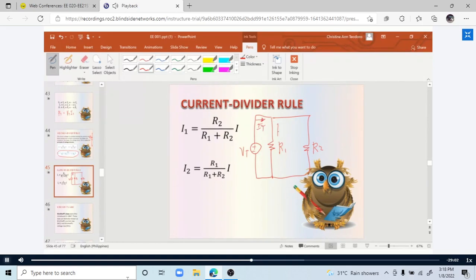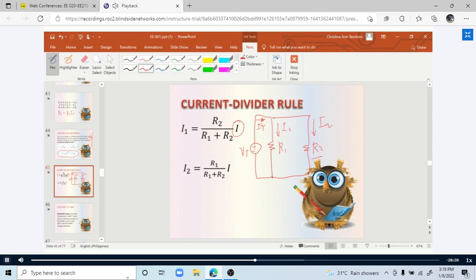In order to get I1, you take the value of your R2 over the value of R1 plus R2, multiplied by I, wherein I is the current being divided between the two resistors. In this setup, our I is the total current.